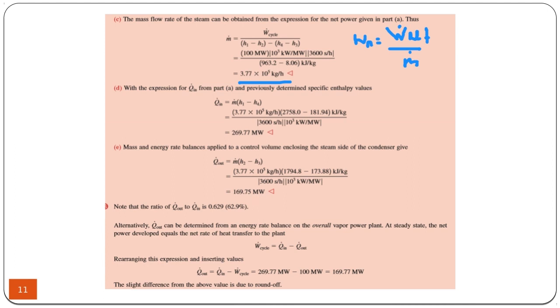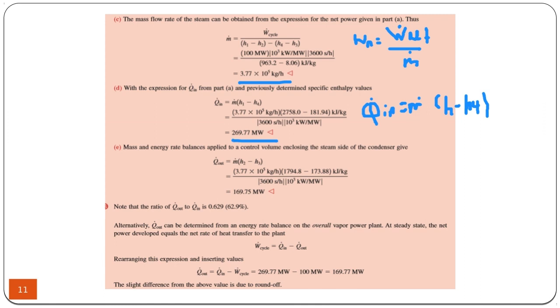Here, with this mass flow rate, we can also calculate the Q in, because Q dot in is equal to mass flow rate times h1 minus h4. It's 269.77 megawatts.